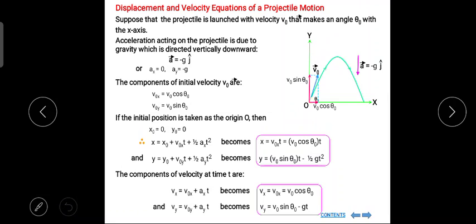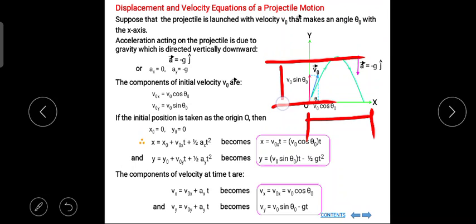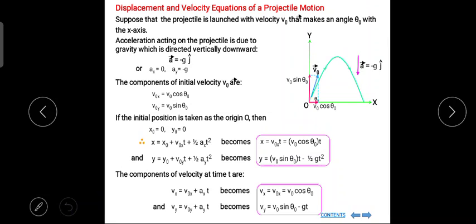Now, seeing this, I can say that this much distance is covered horizontally, while the maximum height of the object is this much. So can you see that it is covering a horizontal as well as a vertical distance? So it is 2D motion.